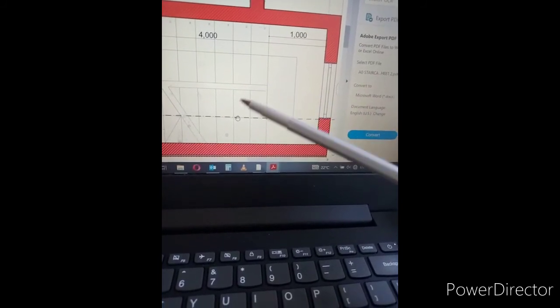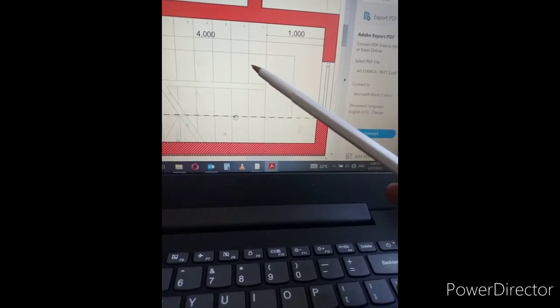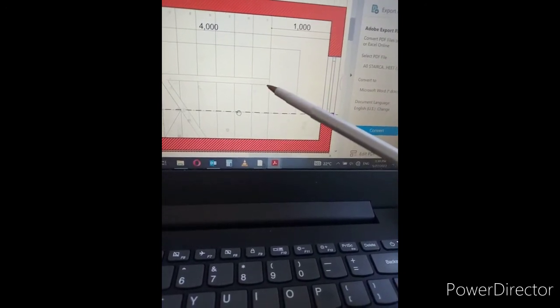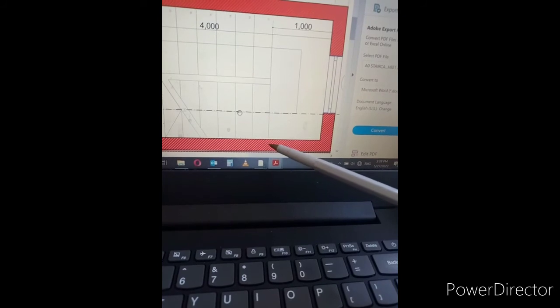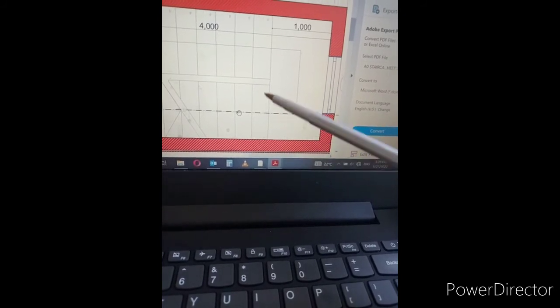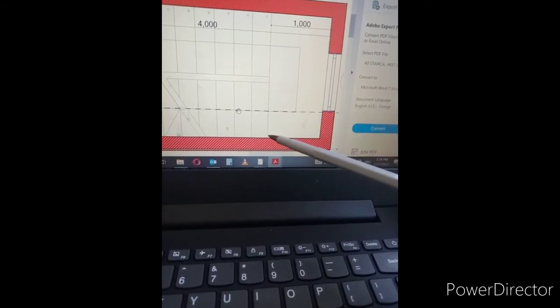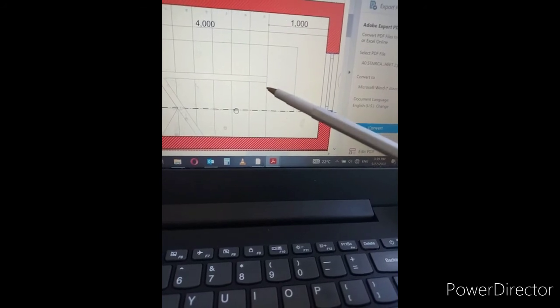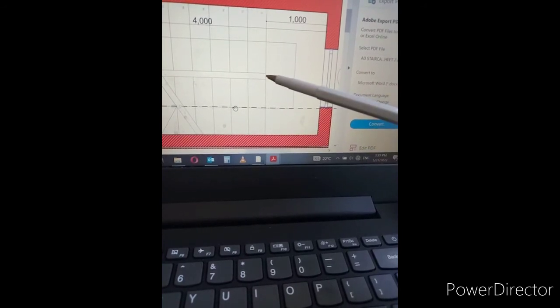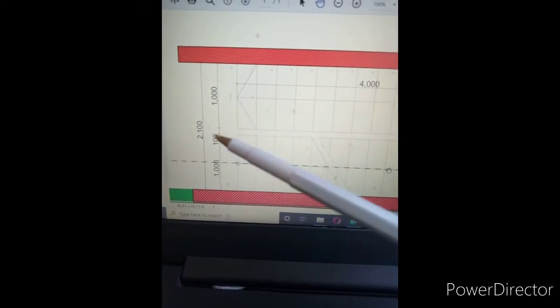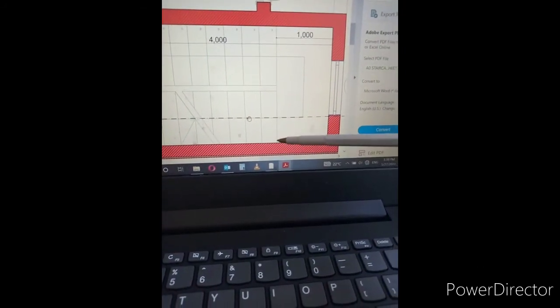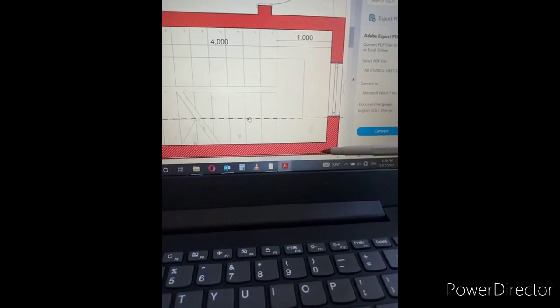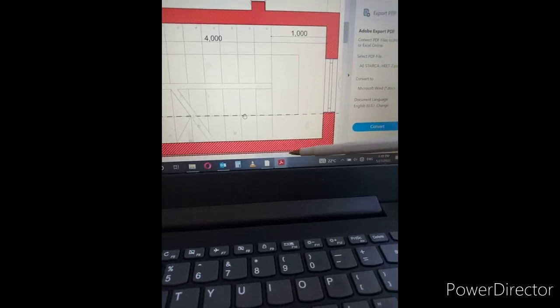Because this is the first flight and this is the second flight, there is formwork here, which will be 1000 here and also 100 millimeters here. So there is your 1000, there is your 100, and then 1230 by 2 for both these sides.